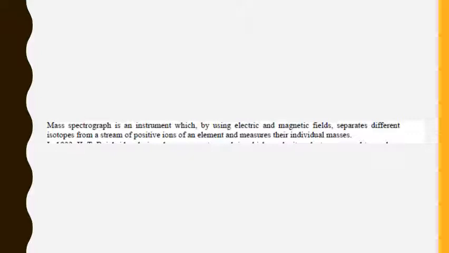Since the mass is different, they may have different velocities, and we will separate out those masses using this. Mass spectrograph is an instrument which, by using electric and magnetic field, separates different isotopes.